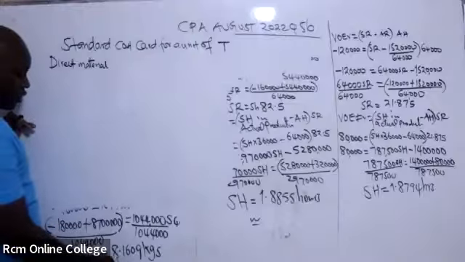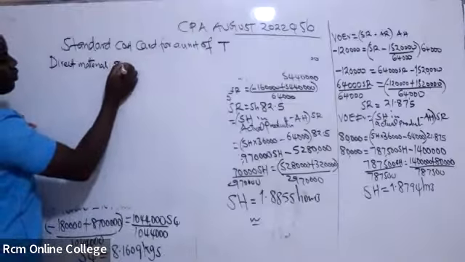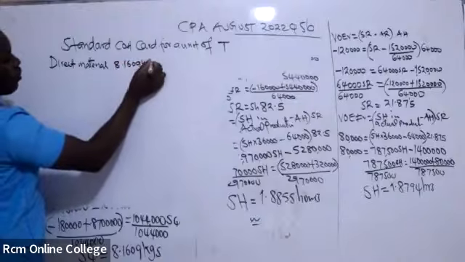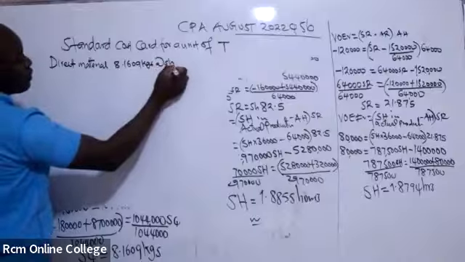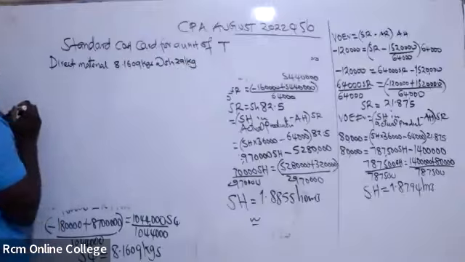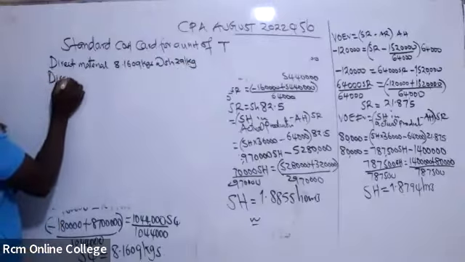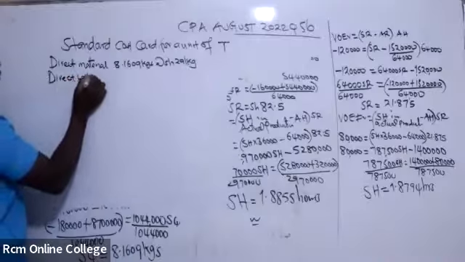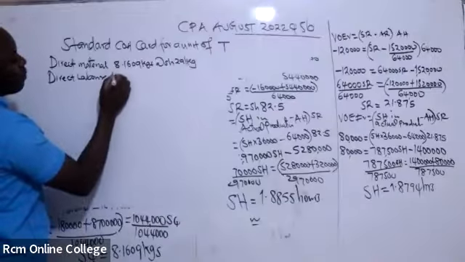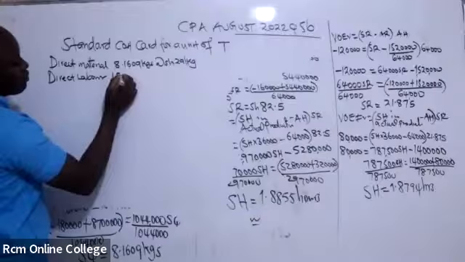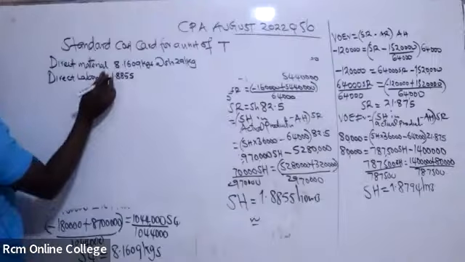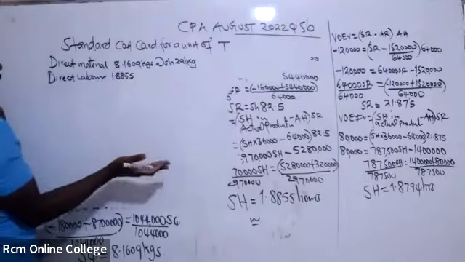There is about how many units? 8.1609 kgs required at shillings 29 per kg. Direct labor, standard hours is 1.855. So for uniformity, we're supposed to have a common figure, but no problem since I've explained why we have that difference.